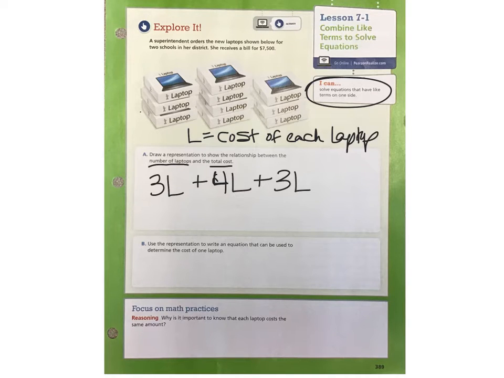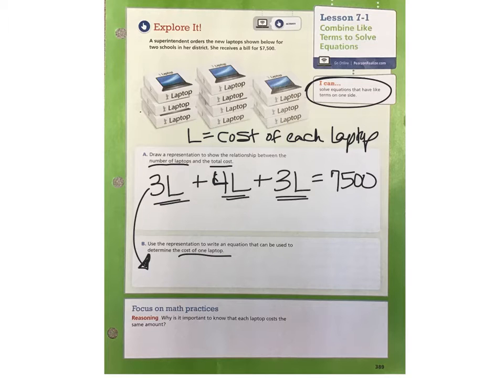And the total cost of all the laptops, again, was $7,500. Now we're going to use this equation right here, and we're going to solve that to determine the cost of one laptop. Well, what you should see here is that you have terms that are all the same, because essentially you're just counting up how many laptops you have all together.